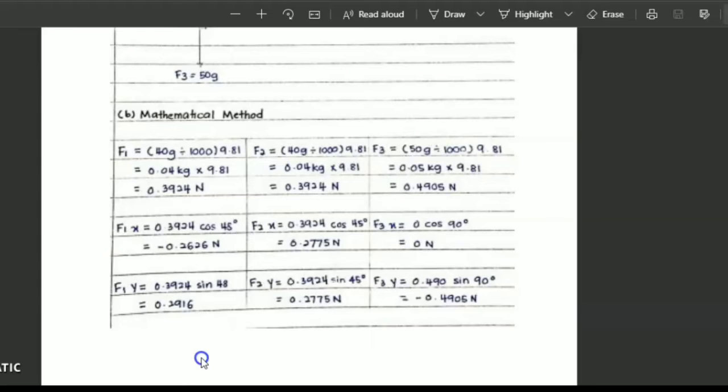So for F3, 50 gram divide with 1000 and multiply with 9.81, we will get 0.4905 Newton. For F3x, 0 cos 90, we got 0 Newton. And lastly, for F3y equal to 0.4905 sine 90, we will get negative 0.4905 Newton.